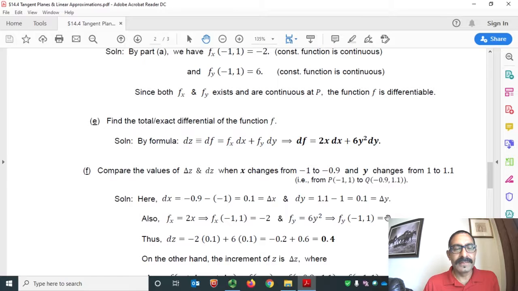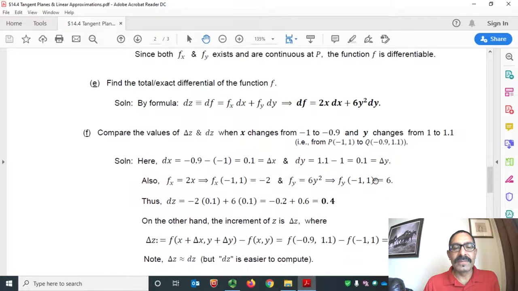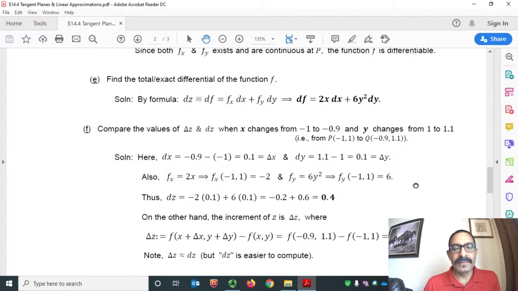Part F. Compare the values of delta z and dz when x changes from -1 to -0.9 and y changes from 1 to 1.1. That is from point P to point Q. Awesome. Now let's move on.